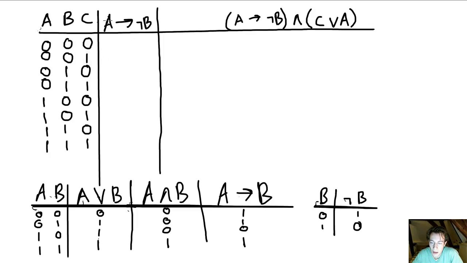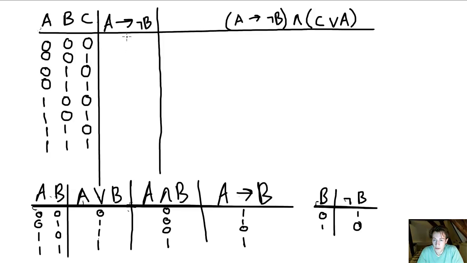Well, as we see now, with A arrow B, always when A is false, this part in the truth table is always true. The first part of our statement is always true because of A being false.